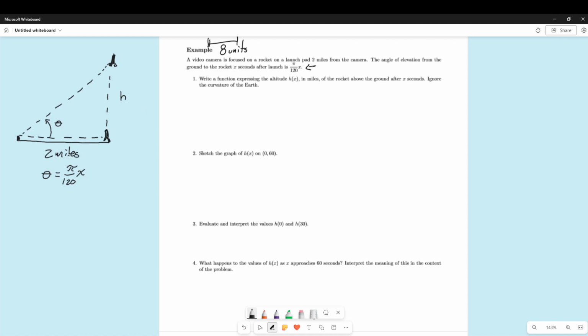So we know that the tangent of our angle should equal our opposite over adjacent if you want, so our h over 2.